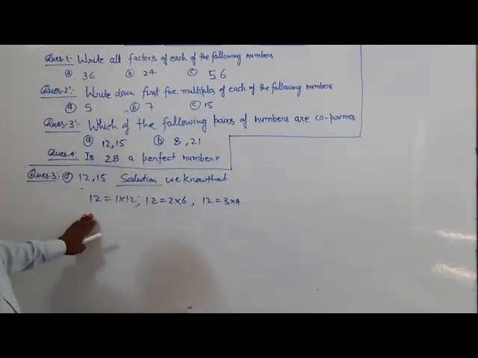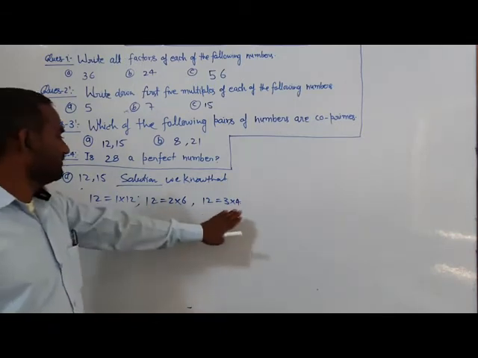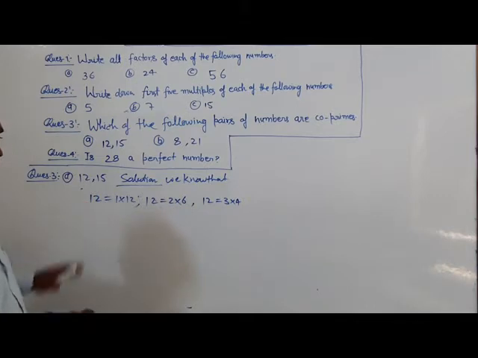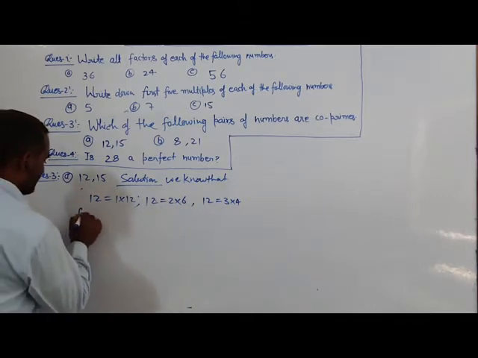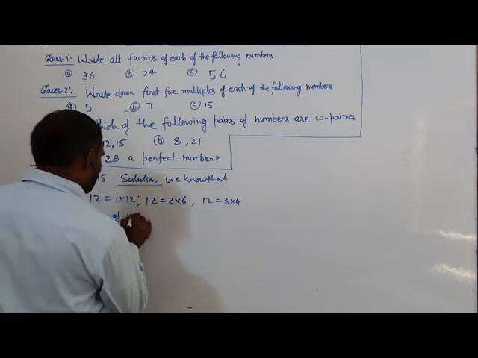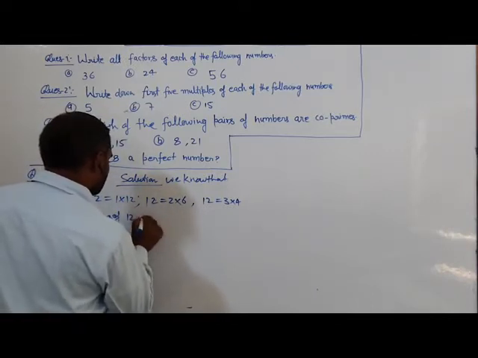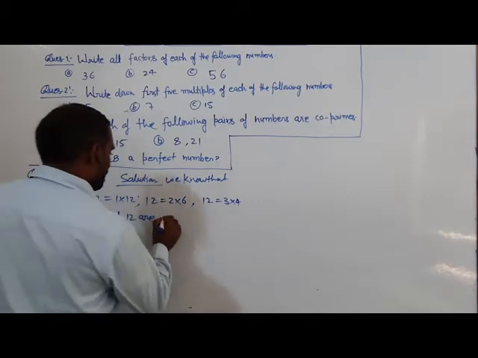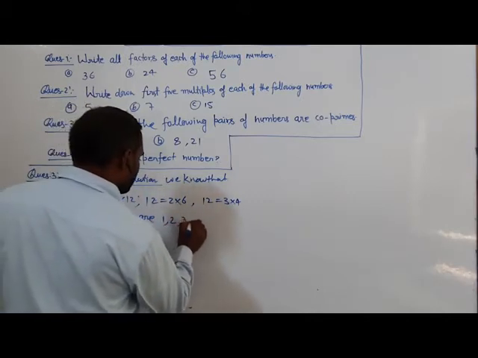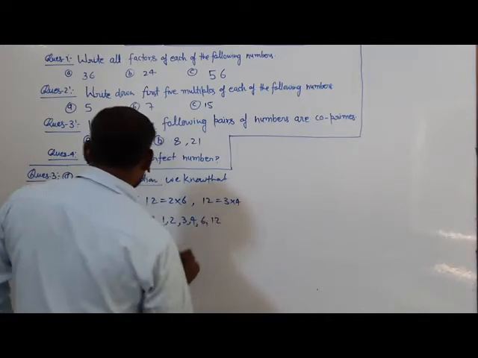These are the factors: 1, 2, 3, 4, 6 and 12.